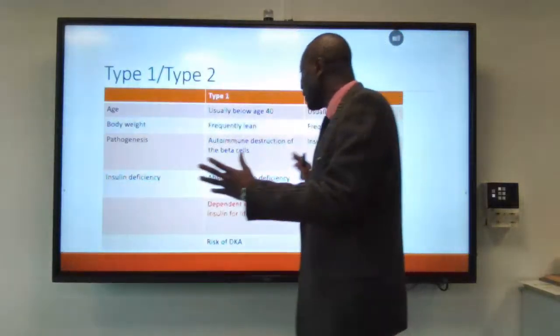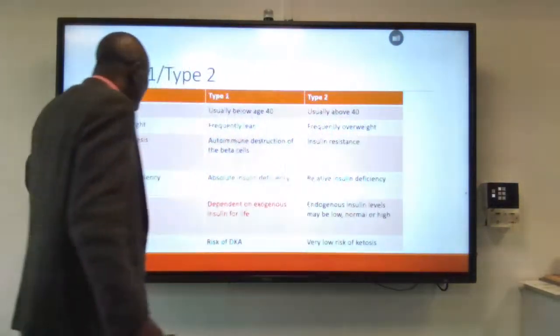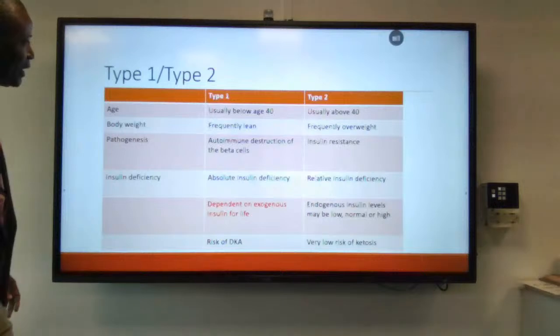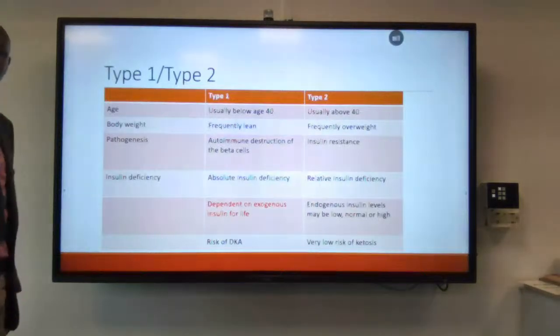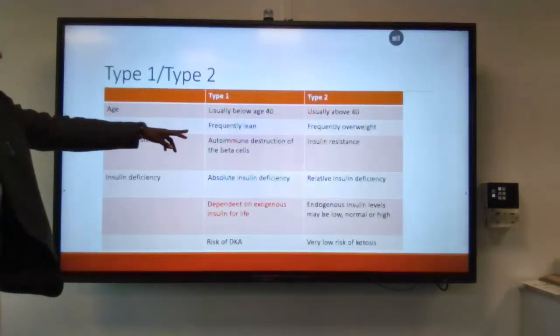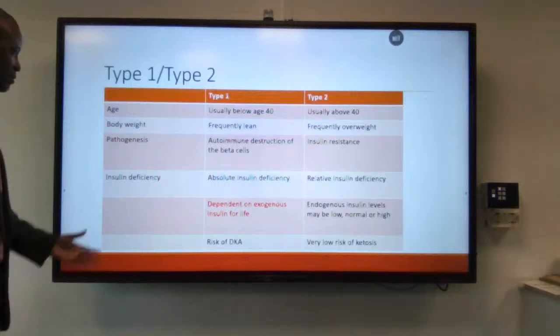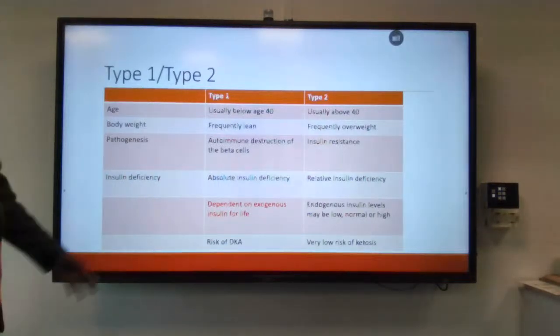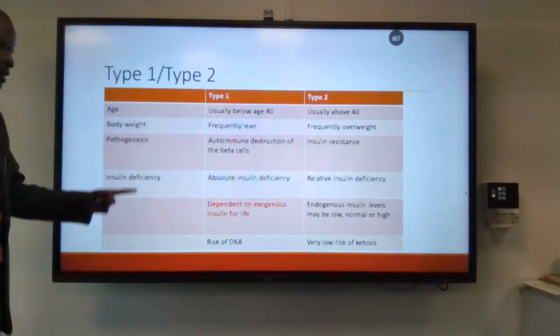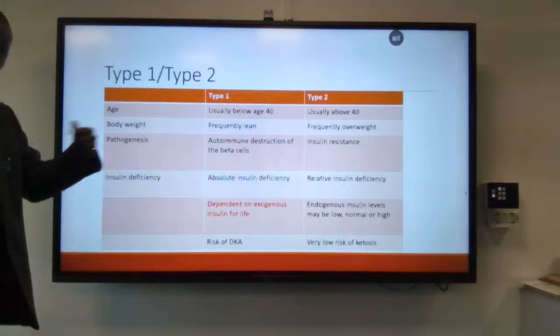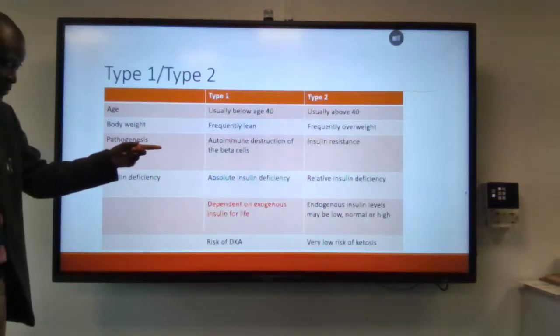So in terms of the difference between the two, in age, type 1 will usually happen before the age of 40, type 2 usually after 40. Type 1 people are often slim like me, but type 2 people are frequently overweight, though that doesn't mean that somebody like me cannot have type 2 as well.